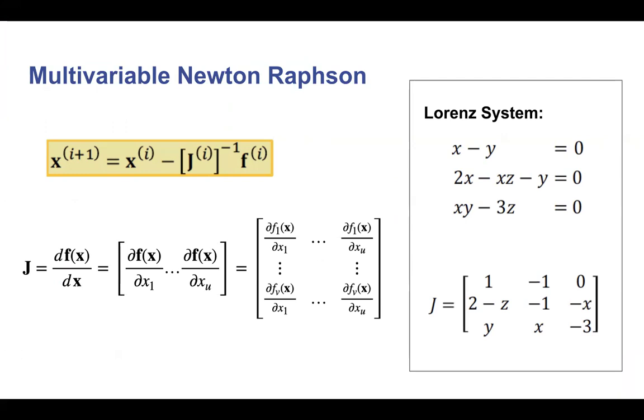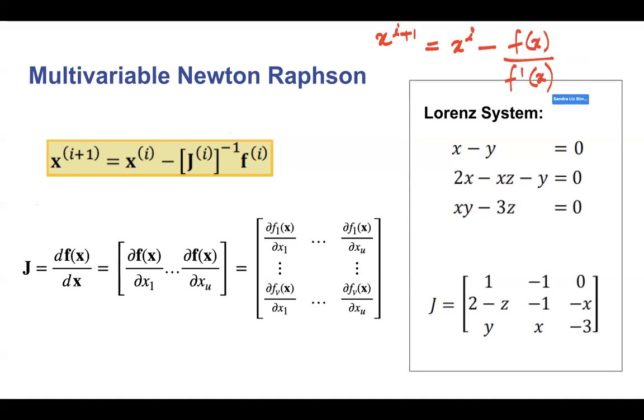Earlier in Newton-Raphson, x i plus 1 was taken as x i minus f of x divided by f dash of x, right?